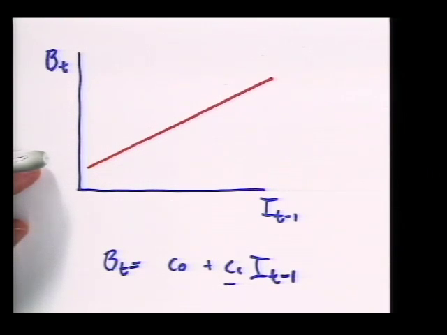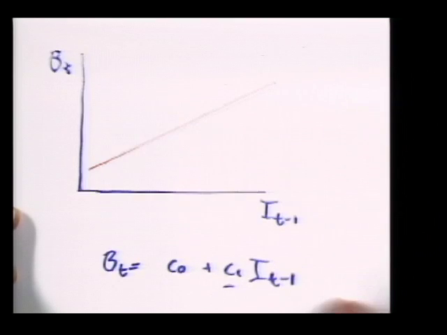Suppose I want some sort of nonlinear function here. So I could add to this, let's say, a square term to make it quadratic. So suppose I said, well, the beta is not linear in the interest rate, it's quadratic. So how would that change the way that I actually do it?